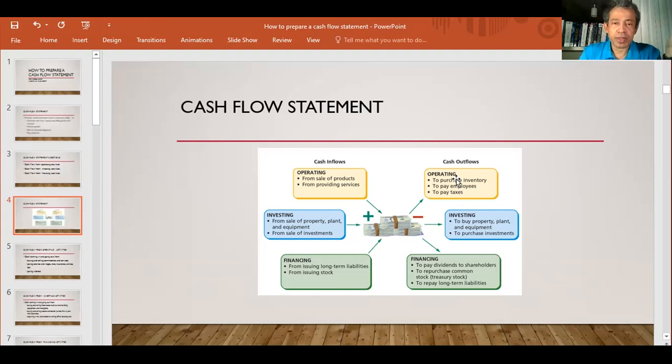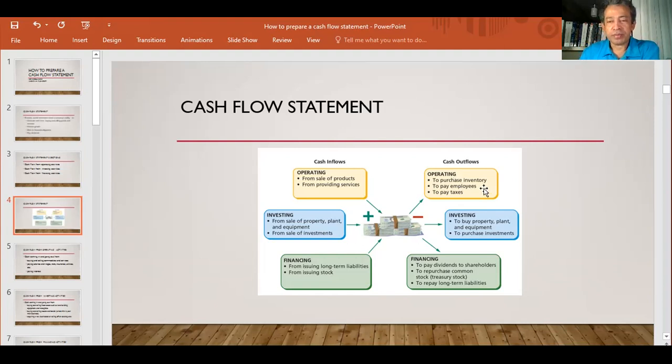Many companies, especially in the US, commonly buy back their shares. If you buy back your stock, that's a financing outflow. If you pay dividends, preferred dividend or common dividend, these are all outflows, or paying down your debt, repayment of loans. That's also a financing outflow.